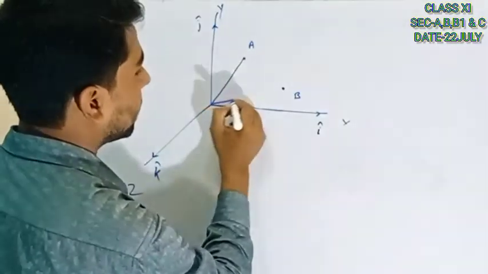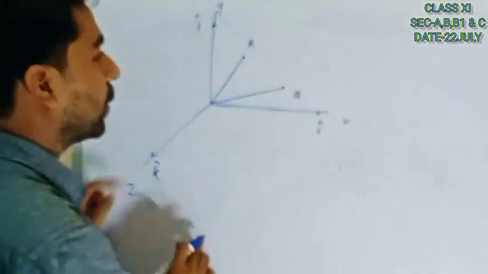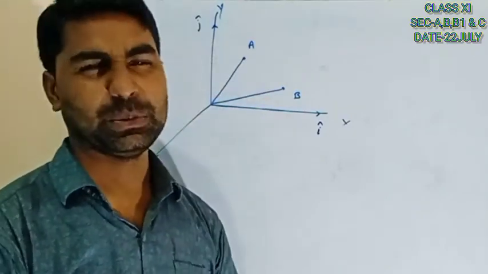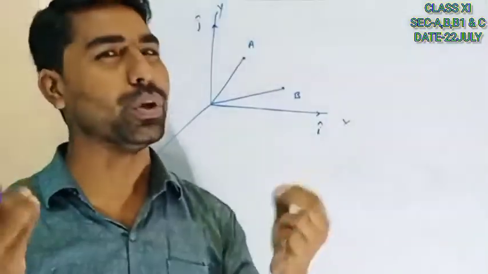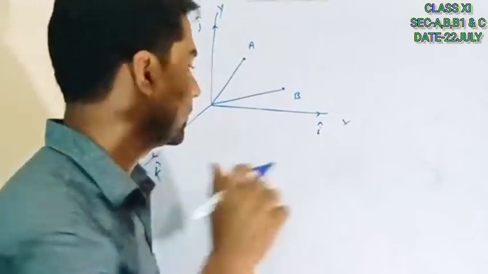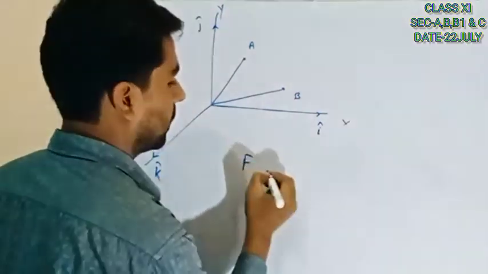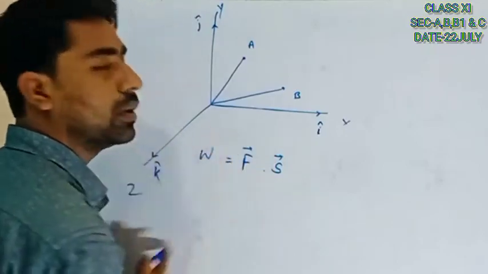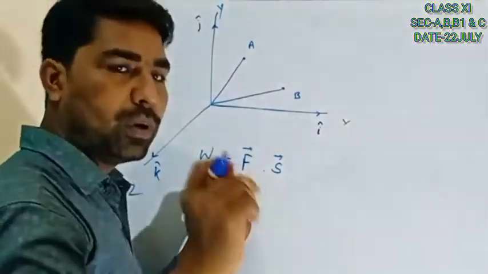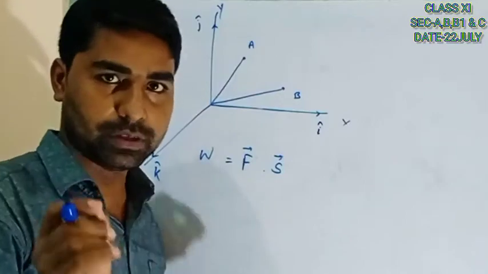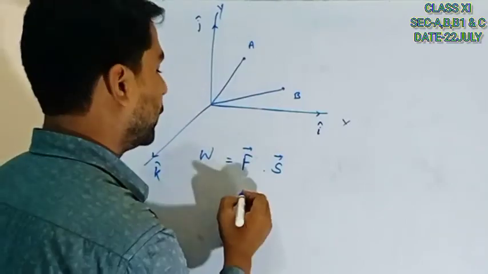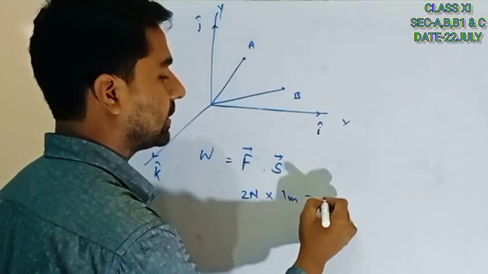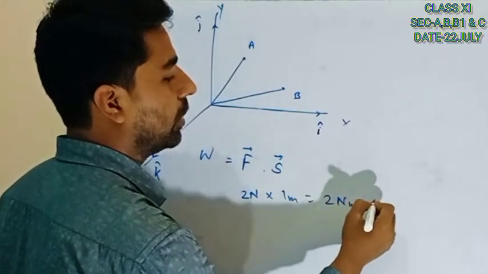And for this vector B, I am going to multiply the value of A with the value of B. You might be thinking how to multiply the two. F dot S, if you remember, is work done. So if the force is given as a constant magnitude, suppose 2 Newton, and displacement is 1 meter, you directly say 2 Newton meter or 2 joule.